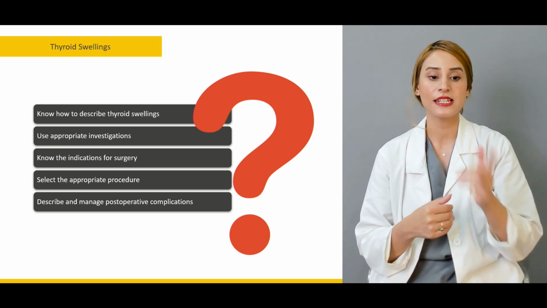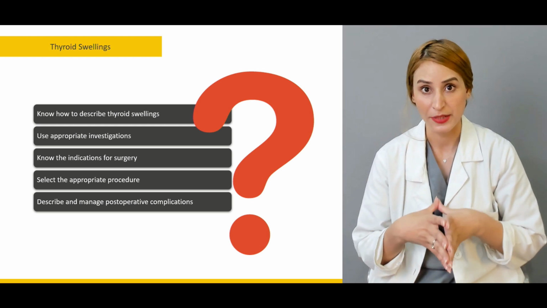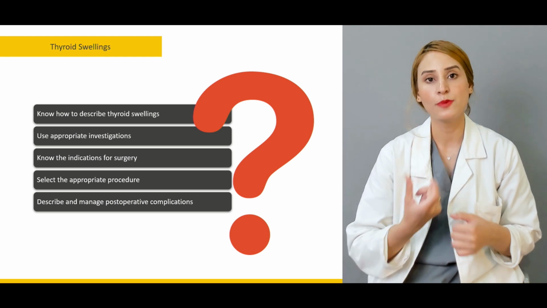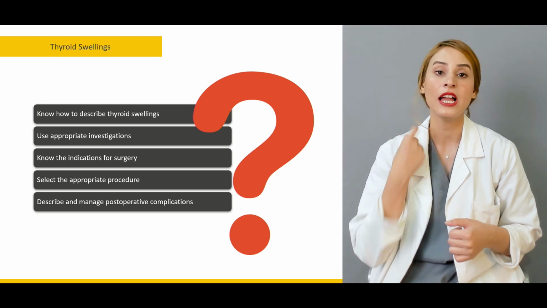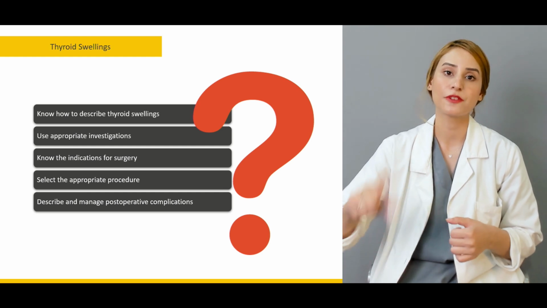And then you also select the appropriate procedure, like what procedure you need to perform on a patient, like lobectomy. If only one lobe of the gland is involved, if there's a toxic solitary nodule in just the right lobe of the thyroid, you'll just perform the lobectomy.